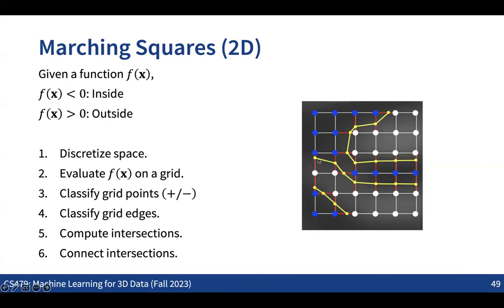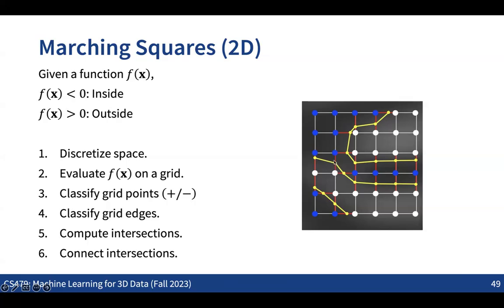So for which edges of the 2D grid do we have the boundary of the shape, in a way that we should have an intersection point like this? You can see that if we look at the two endpoints of a grid edge, and one is inside and the other one is outside, right? That means there should be an intersection point between the border of the surface and the grid edge here.